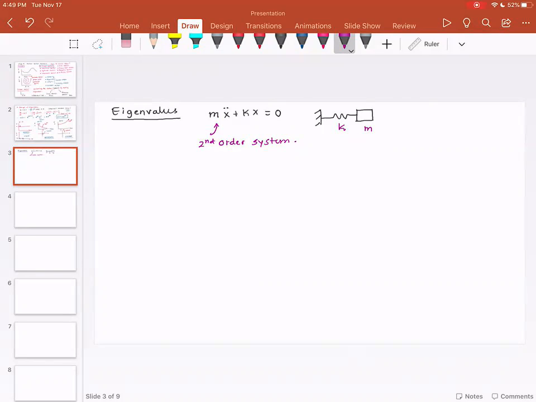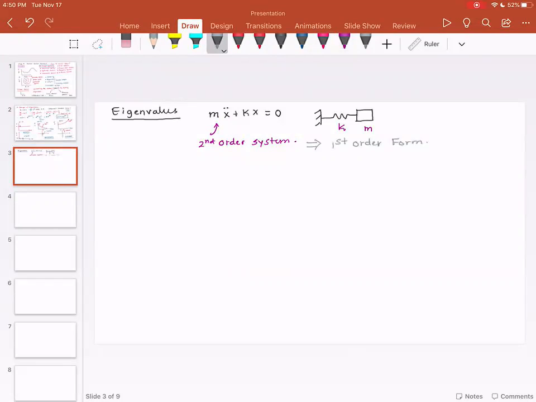So I'm gonna use that transformation to write this second order system into a first order form.